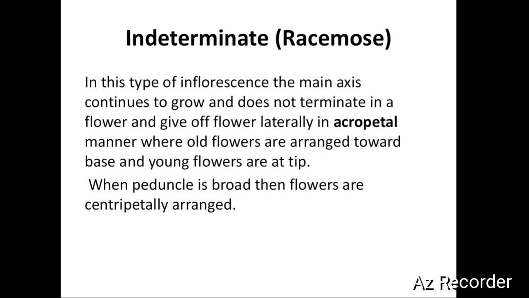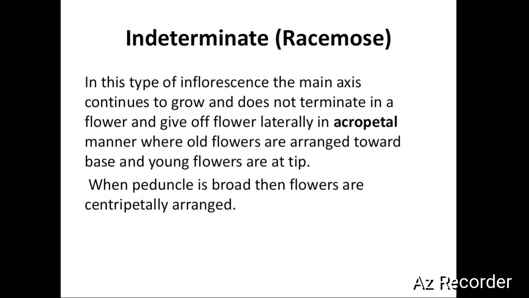So indeterminate is the type of inflorescence where the flowers continue growing and do not terminate, and they grow in an acropetal manner, where the old flowers are arranged towards the base and the younger ones are arranged at the tip.